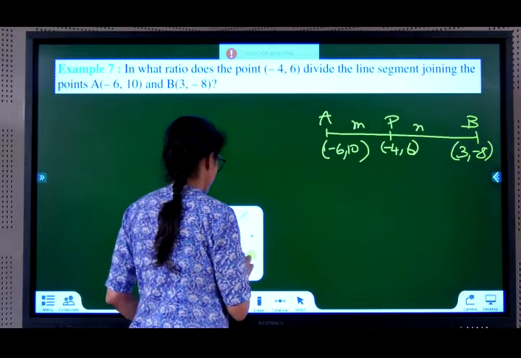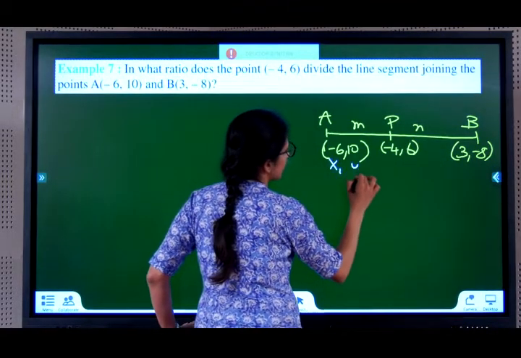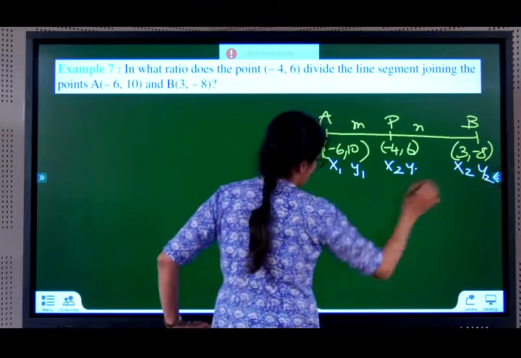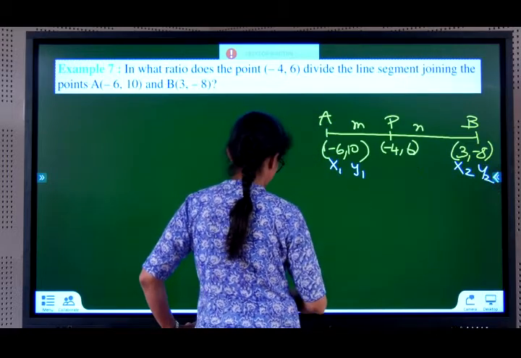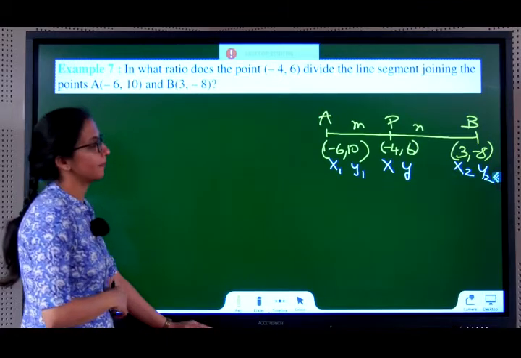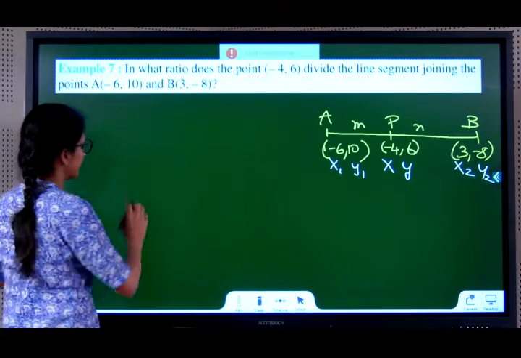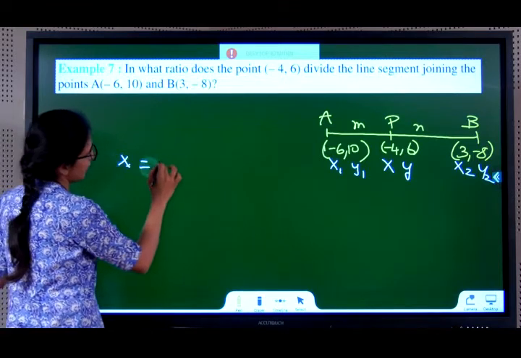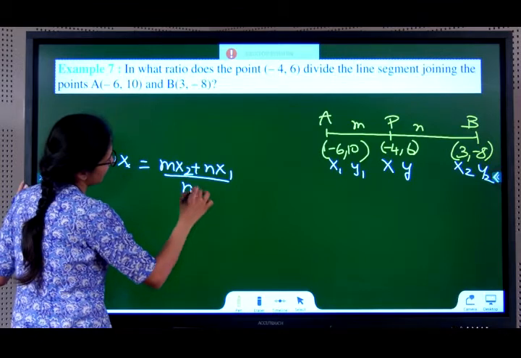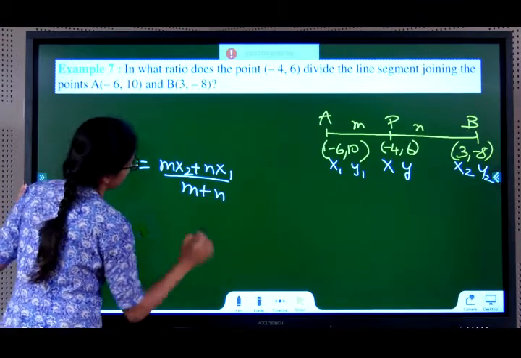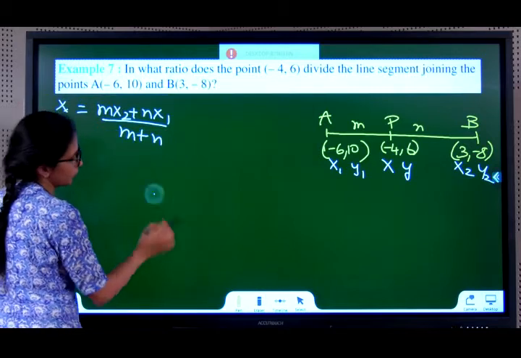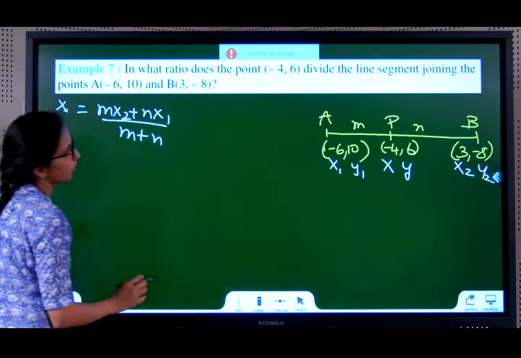So, you have x1, y1, x2, y2 and you have xy. See, if I take this directly, observe, x is equal to mx2 plus nx1 by m plus n. Okay, I'll solve this and I'll show it. I'll show you two methods for this question. You'll understand why we are taking k:1. Okay, let's solve this first.